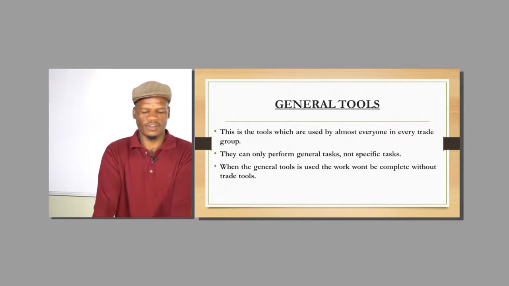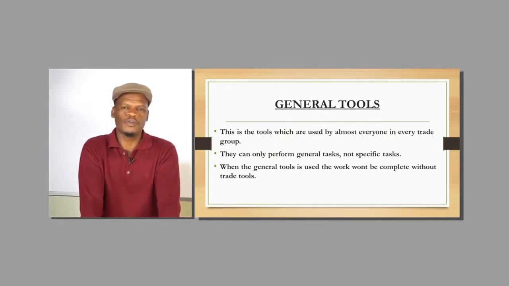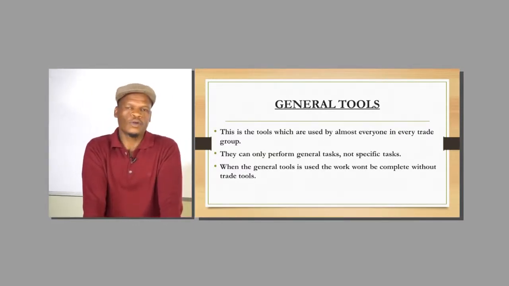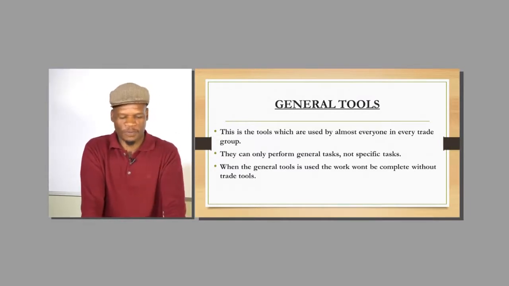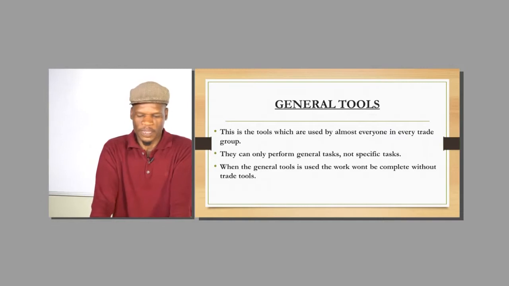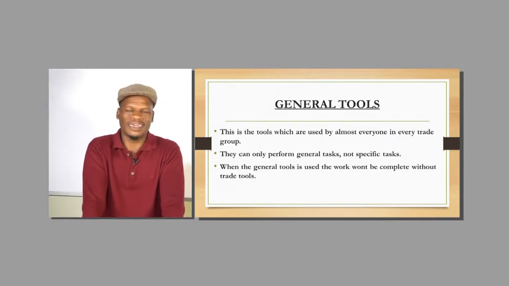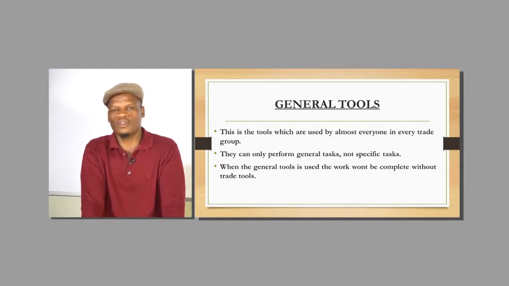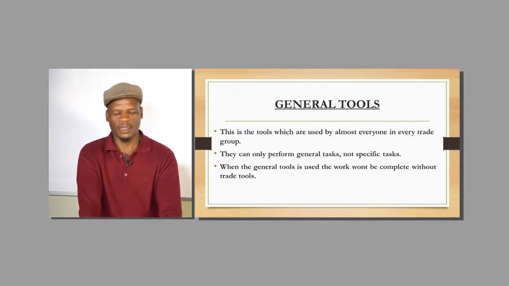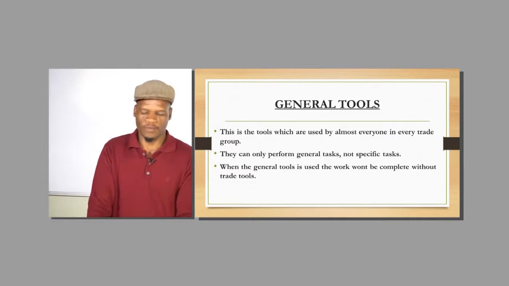Then the general tools, these are the tools which are going to be used by mostly all of those trades that we have identified. Those 8 trades that we said are now grouped under your syllabus, and they can only be general, or they can only do the general tasks. It cannot be specific to any of those trades.